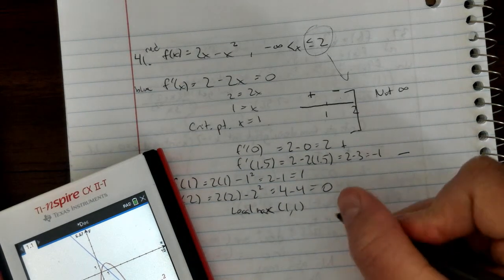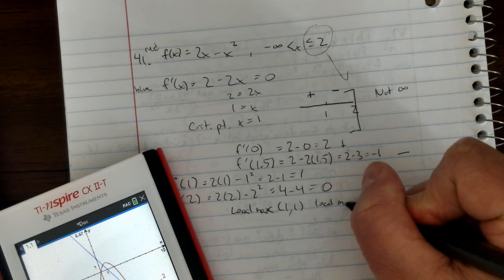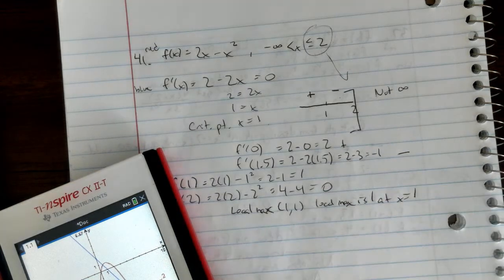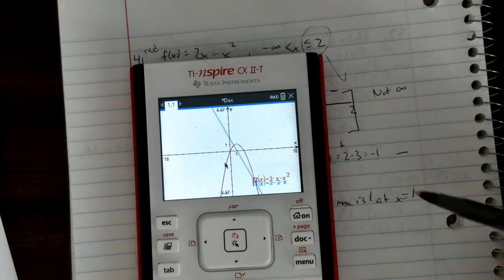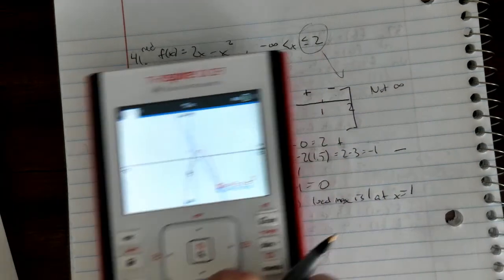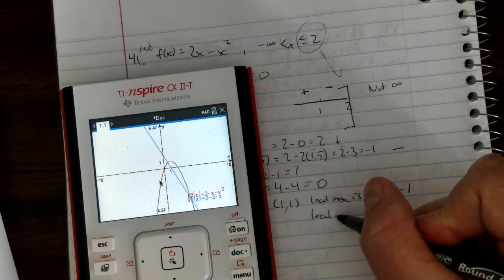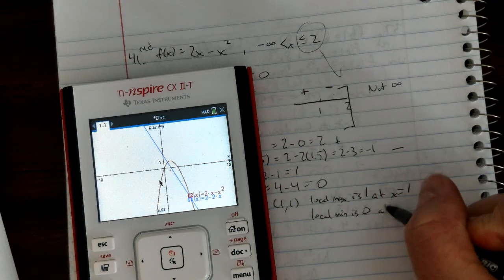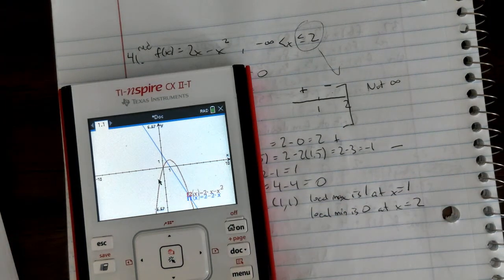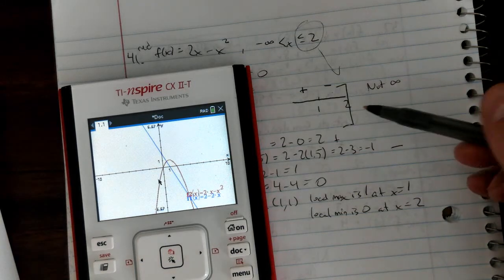So the wording of that is the local max is 1 at x equals 1. And then you also have a local minimum is 0 at x equals 2, because that's your x-intercept, and that's also your endpoint.